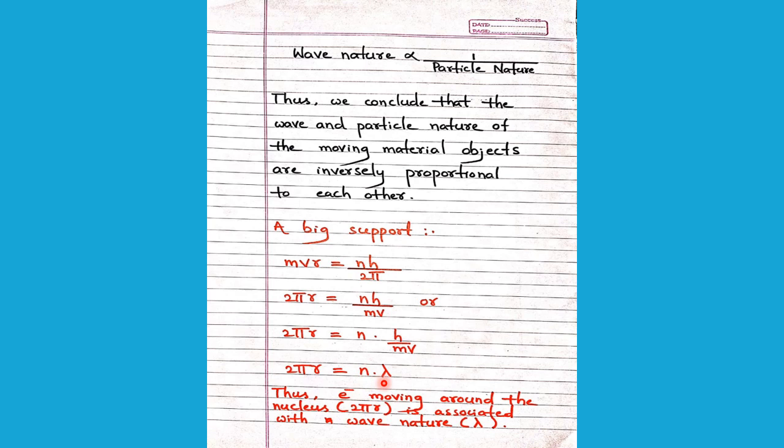It means the number of wavelengths is associated with 2 pi r, the circumference of the circle, that is, the electron revolving around the nucleus is associated with wave character. Very big proof, very big support for the de Broglie equation. Thus, the electron moving around the nucleus is associated with wave nature.